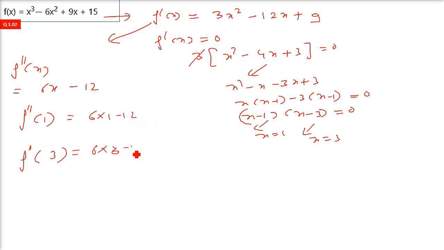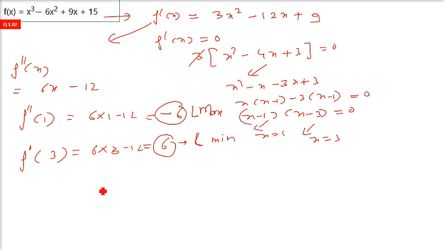So 6 into 1 minus 12, 6 into 3 minus 12. 6 minus 12 is negative 6, 18 minus 12 is plus 6. One time you got negative, so this is the point of local maxima. What is positive is the point of local minima. Local maxima, local minima you got.